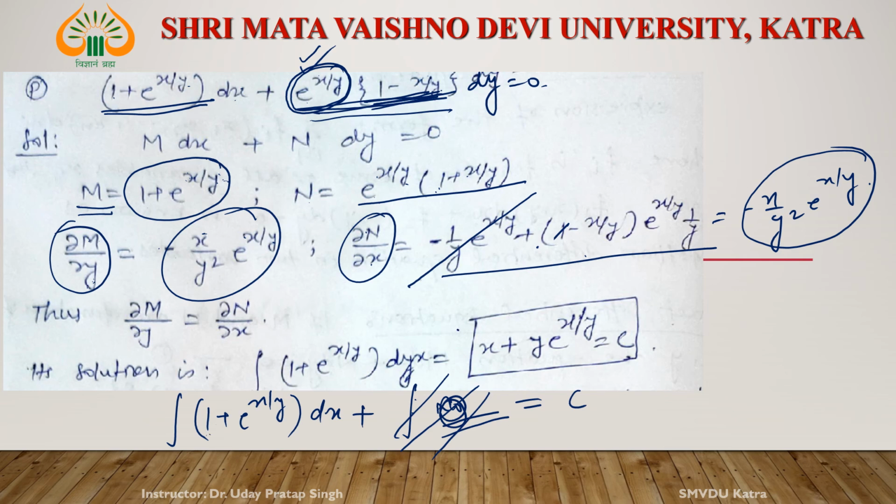So integral of 1 is x. Integral of e to the power x by y dx is e to the power x by y divided by 1 by y.